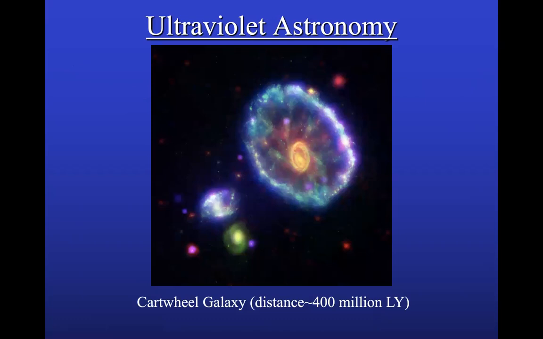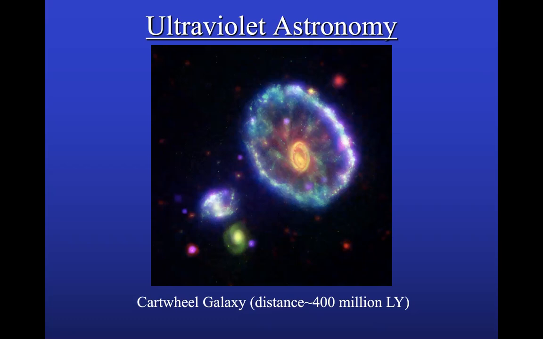This is an image of the Cartwheel galaxy. The Cartwheel galaxy is one of the very popular galaxies that you can see. In this particular image, the violet color is what you see in the ultraviolet regions, right?